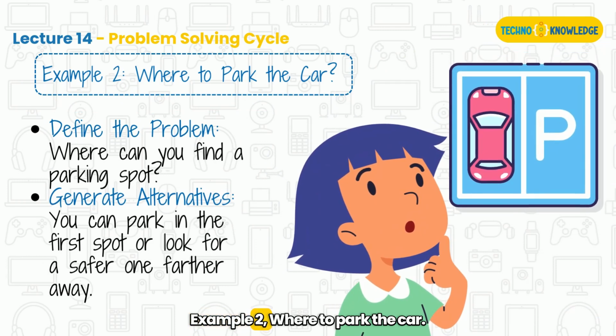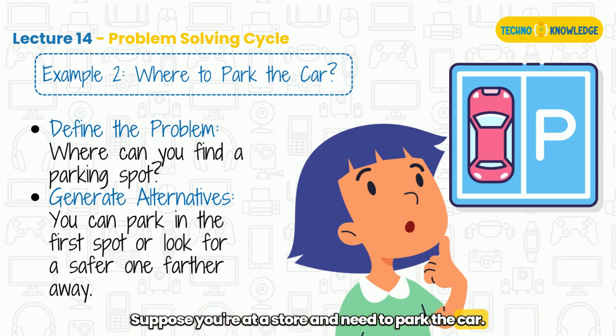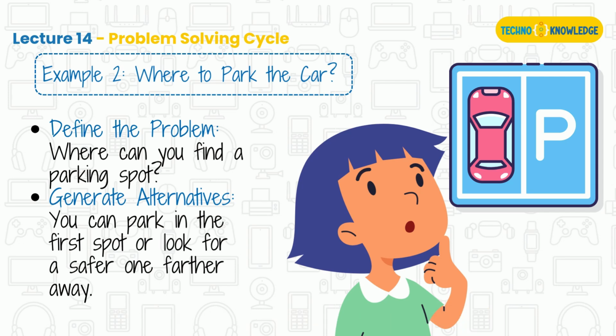Example 2. Where to park the car. Here's another example. Suppose you're at a store and need to park the car. Define the problem. Where can you find a parking spot? Generate alternatives.